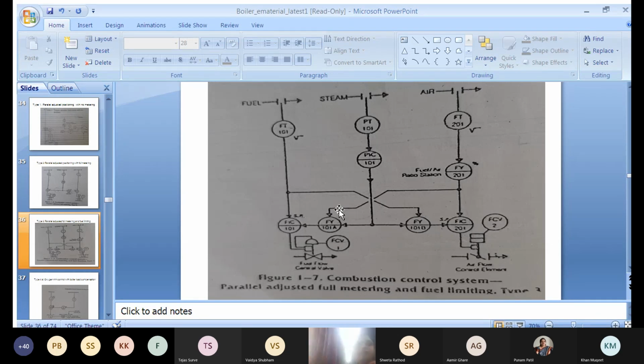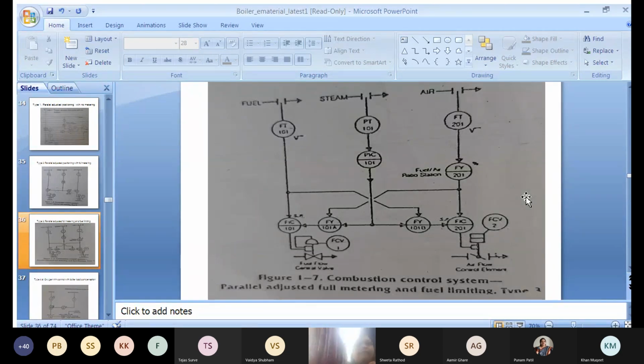So what is the need for fuel limiting? Basically, when there is a load change, depending on that load change, the steam demand, that is the steam supply, will change. And when there is a change in the steam supply, accordingly you need to adjust your fuel and air control valve, right?